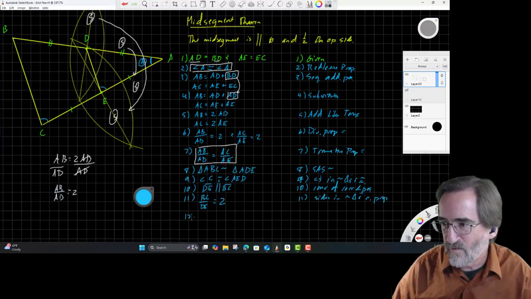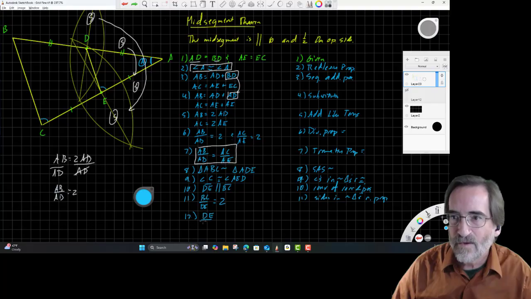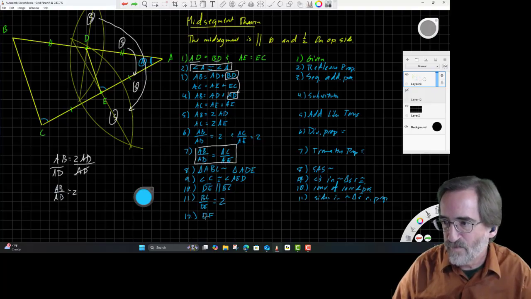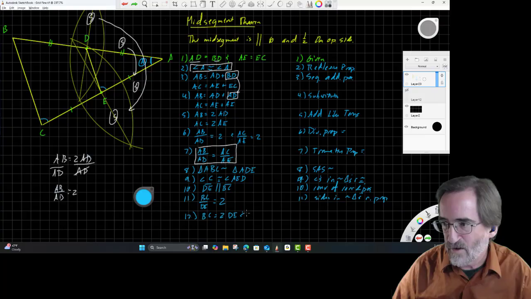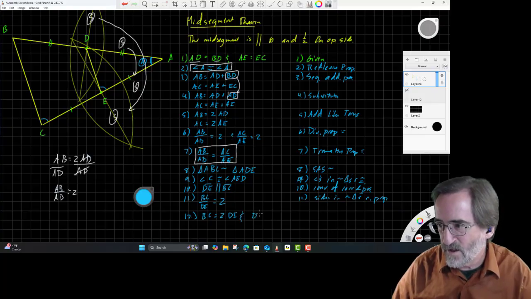And then 12, we're there. BC equals 2DE. And I'm going to squeeze this into one step here. DE equals half BC.